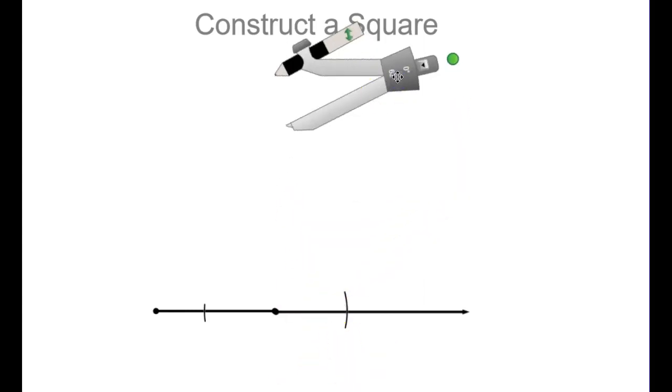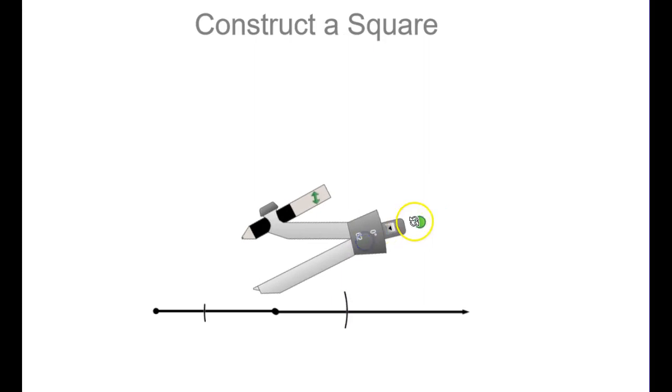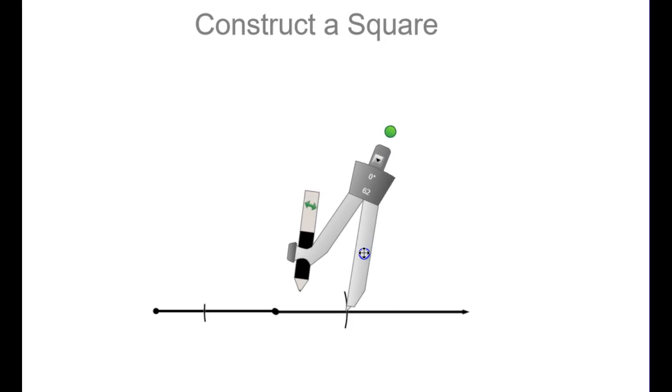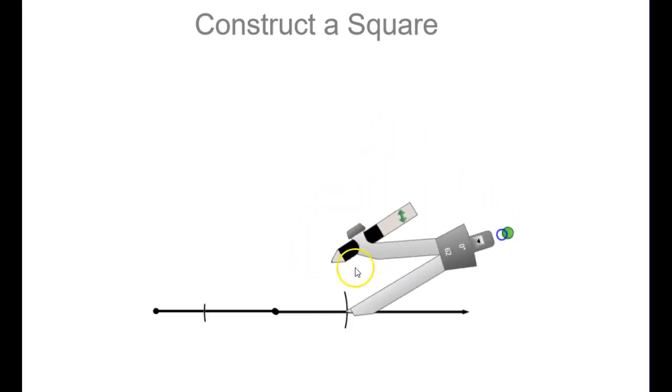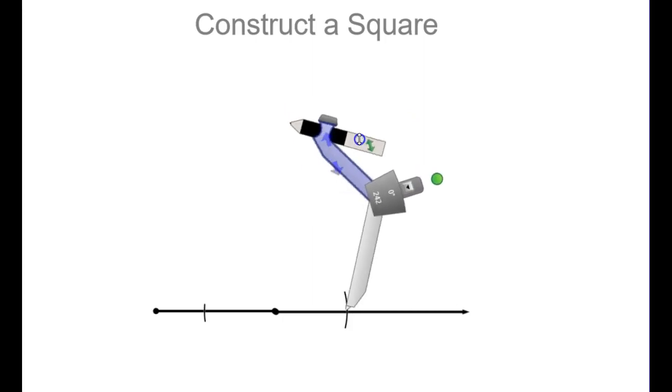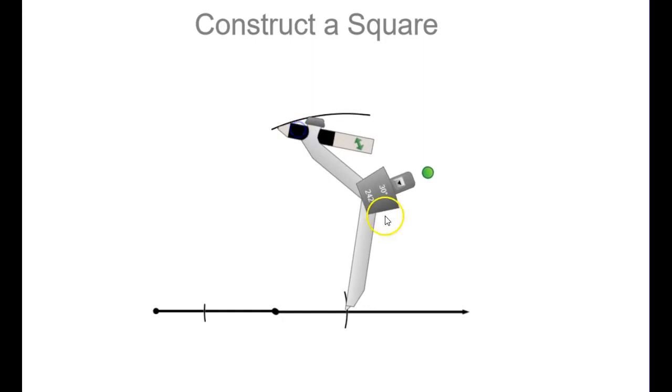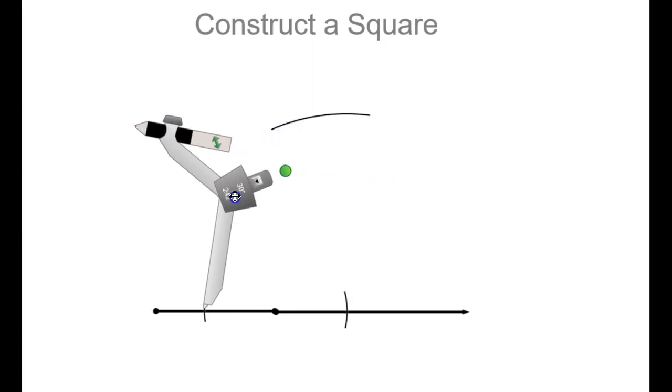Now what I'm going to do, if I can get my compass back over here, where these intersections occur, I'm going to line the compass up, extend it so that we reach far out, construct an arc, move the compass over to this other endpoint.